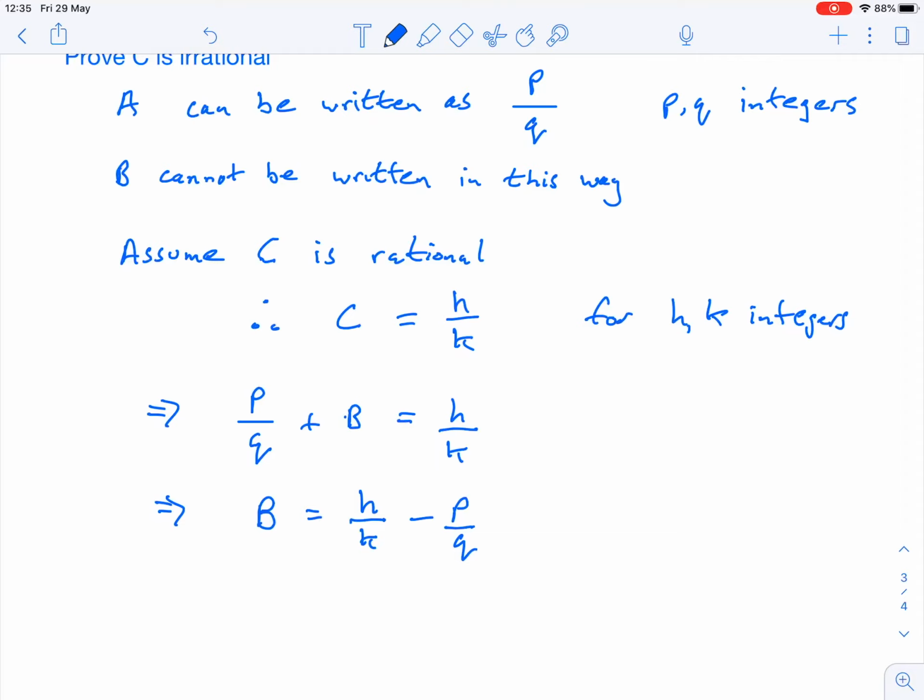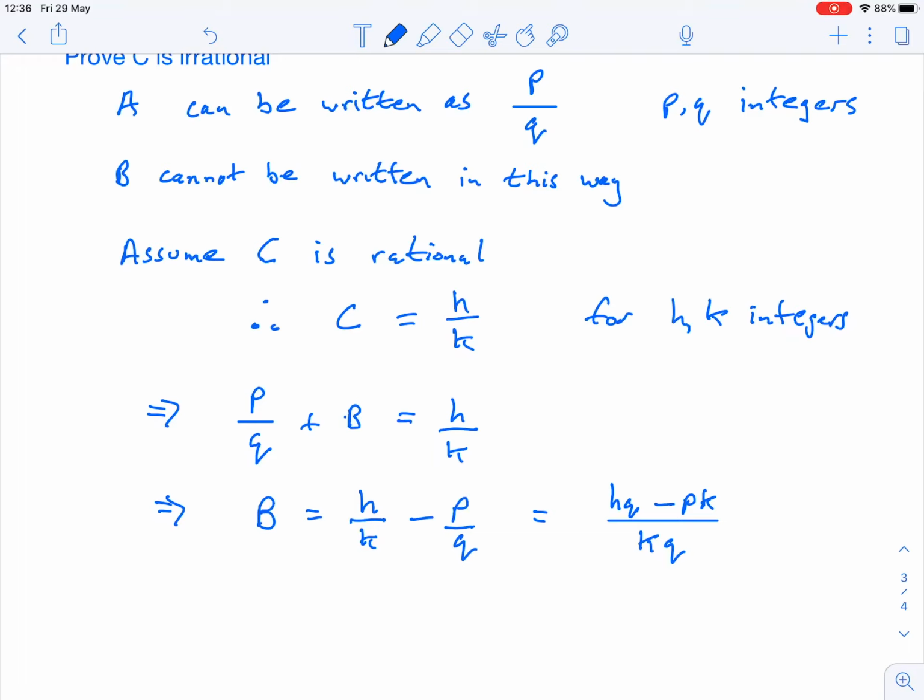But of course a fraction minus a fraction gives you another fraction. So this is equal to, let's put it on a common denominator of kq. I'll need to multiply the h by q minus multiply the p by the k, like that. Now the question is that a rational number?